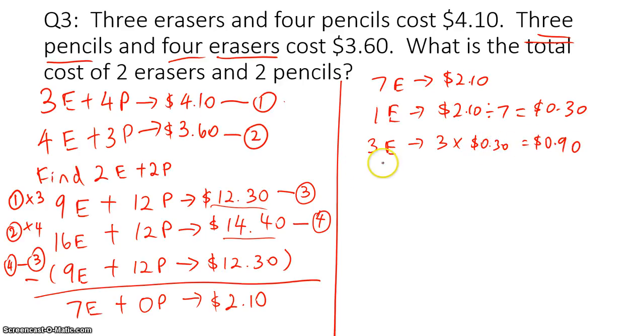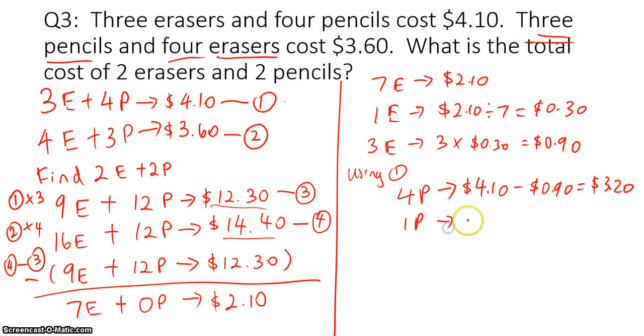So using equation 1, 4p would be 410 minus 90 cents. It will give us 320. So 1p will be 320 divided by 4. It gives us 80 cents. Okay, so 1p is 80 cents.